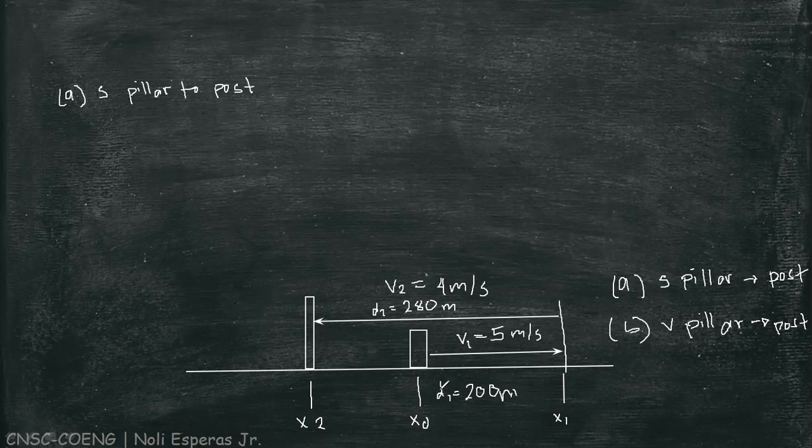So you can see here, you have traveled 200 meters from the pillar going to point X1, then going to the west, which is 280 meters, to point X2 or the post.